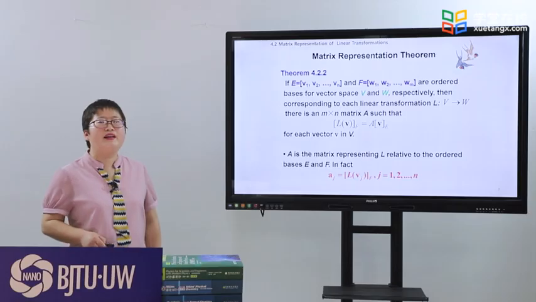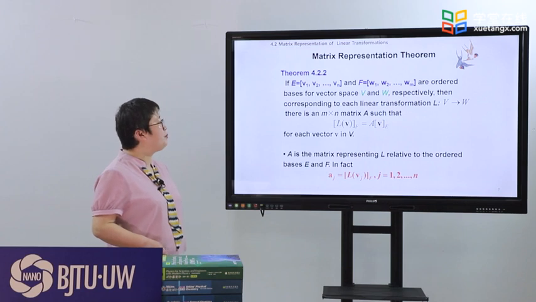Okay, and then we have this theorem 4.2.2.